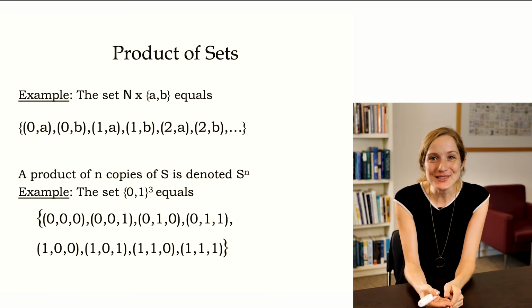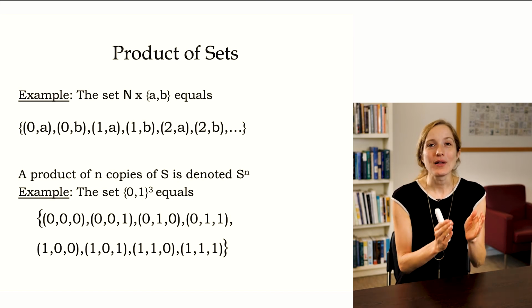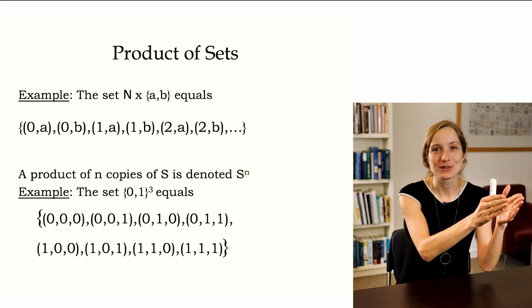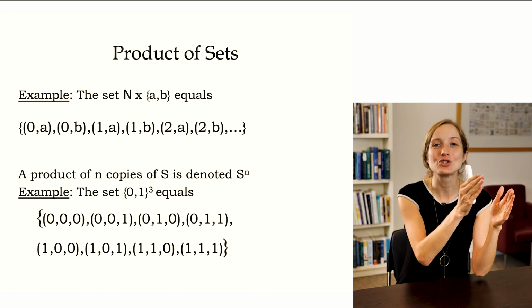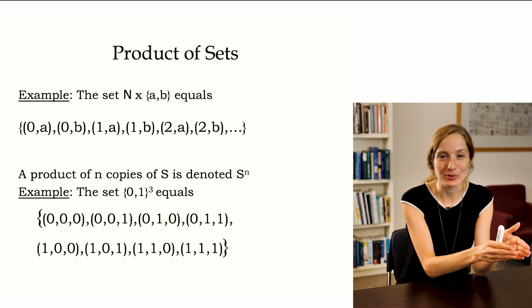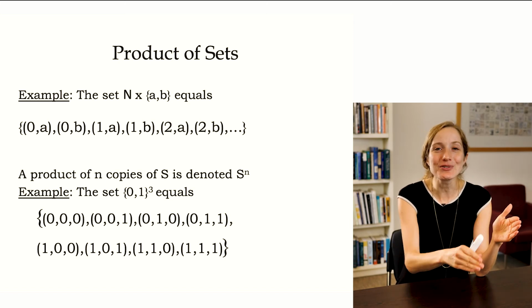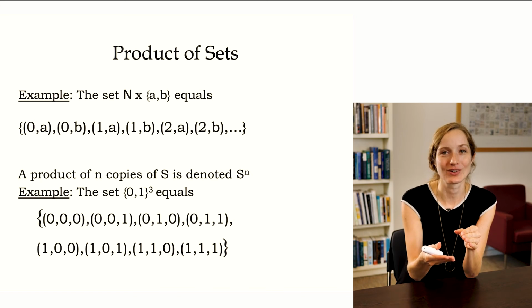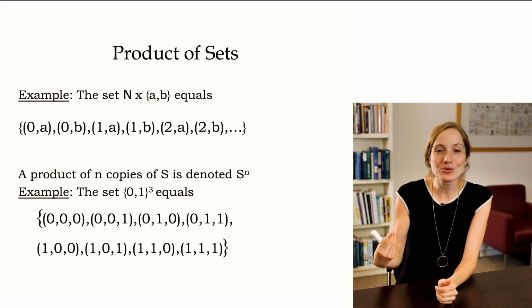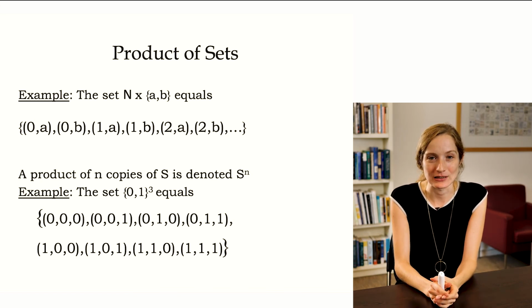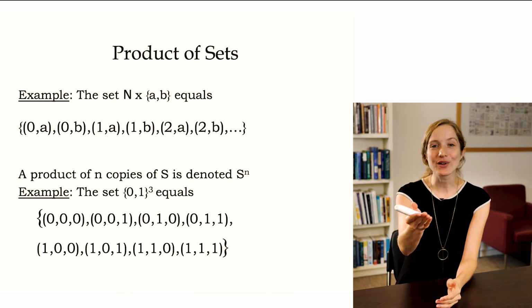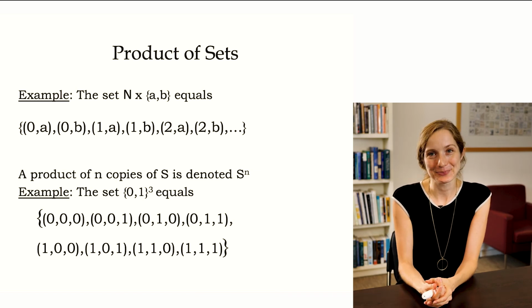Now, how many elements will it have? Well, it was {0, 1} cross {0, 1} cross {0, 1}. I had 2 options for the first component. For each of those, I have 2 options for the second. And for each of both of those, I have 2 options for the third. So I'm going to have 2 to the 3, or 8, different elements. And if you go through all the options, they're listed here.